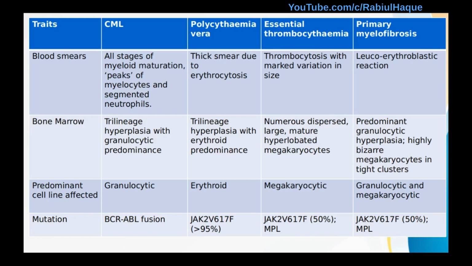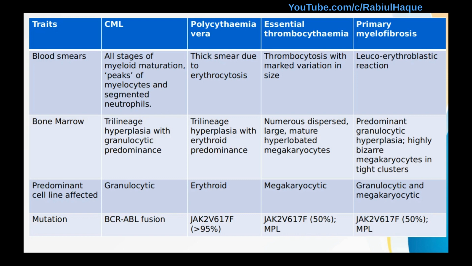And we had already talked about the mutation of chronic myeloid leukemia. There will be BCR-ABL fusion gene, and there will be other types of mutations in the other disorders, as we can see here.